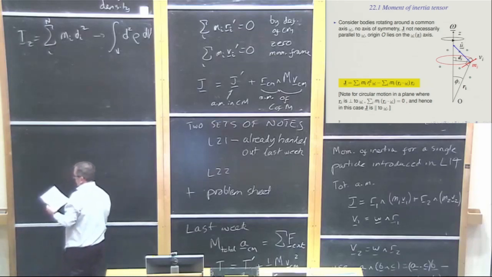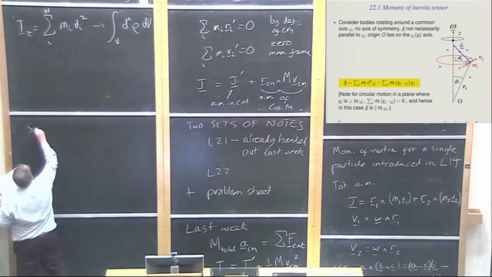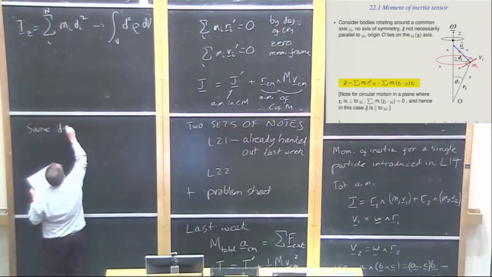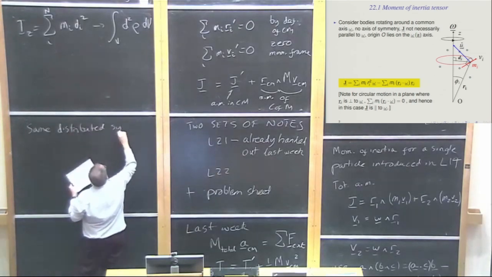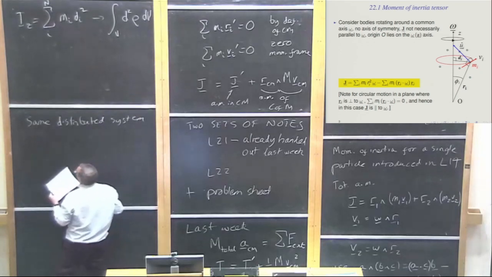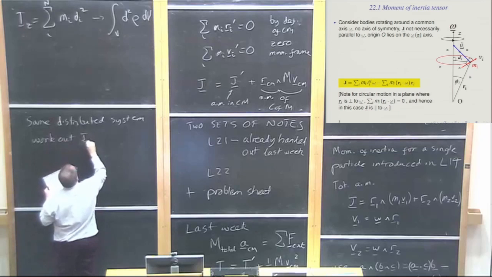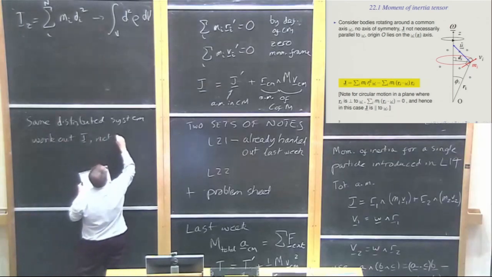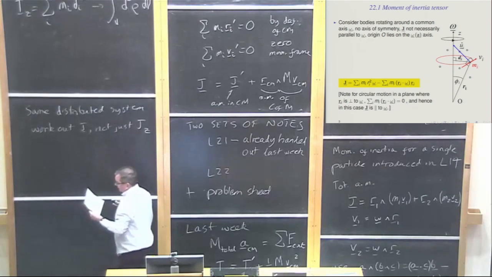So this is the same distributed system. And let's work out J, not just Jz. Okay, that's what we're doing.